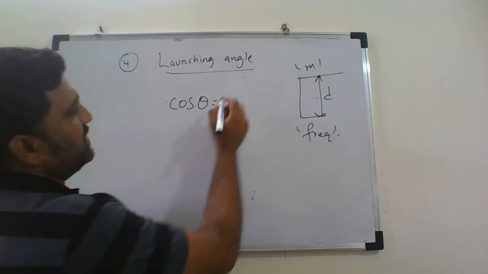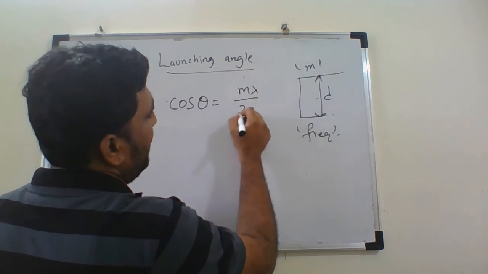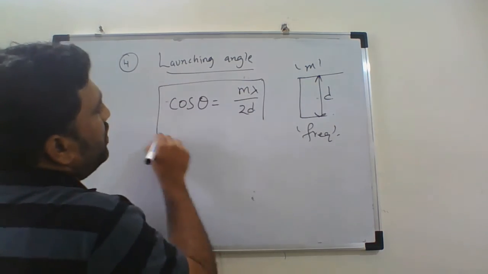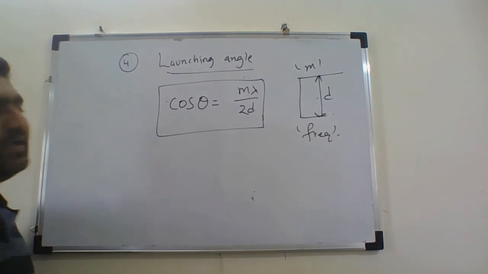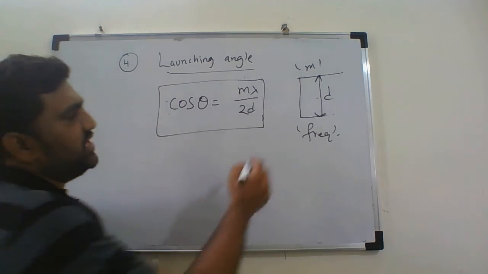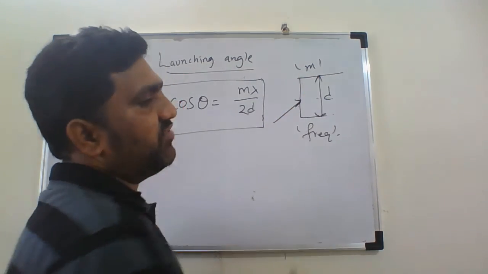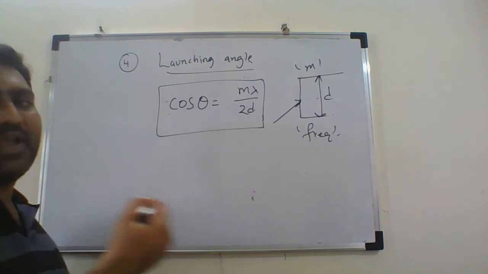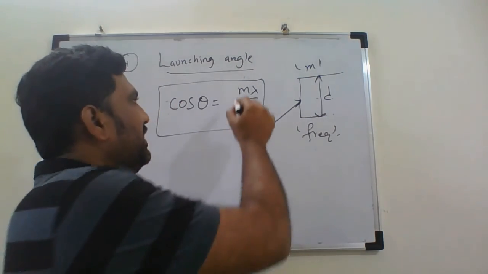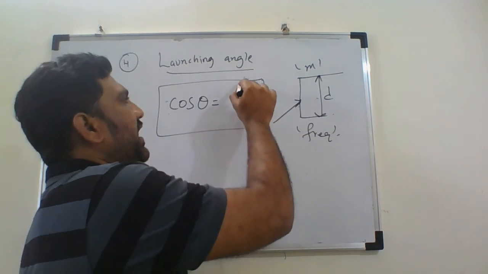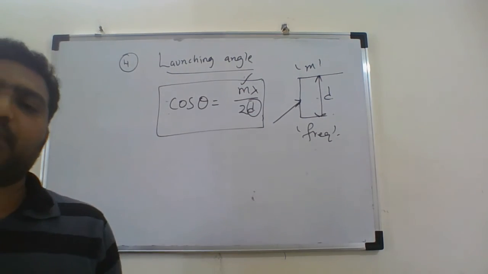That is given by cos theta equal to m lambda by 2d. This is the angle by which I have to launch the electromagnetic wave into the waveguide to make it propagate, for a given spacing and a given mode order.